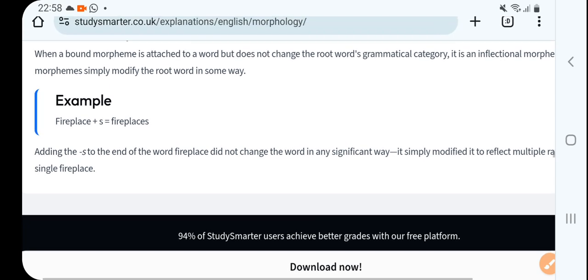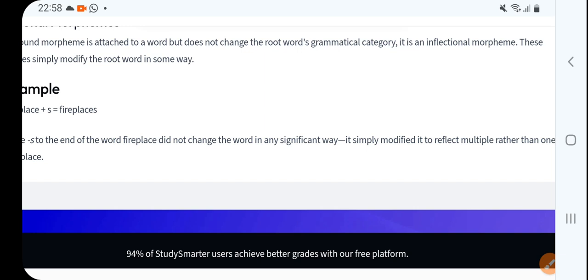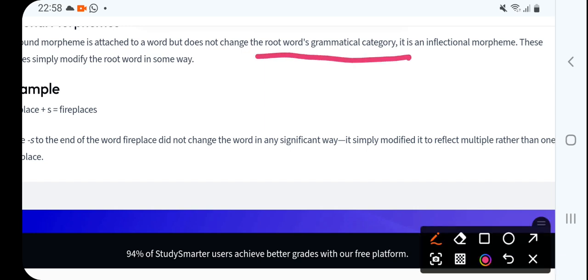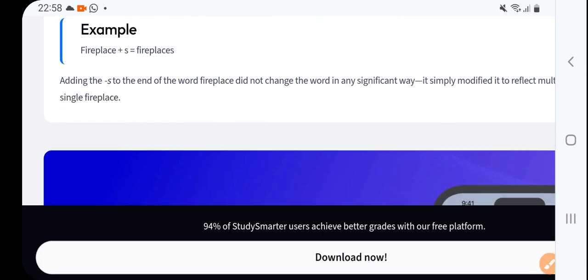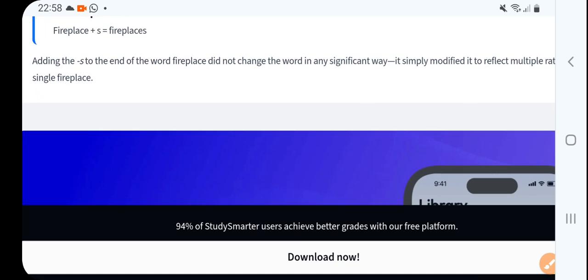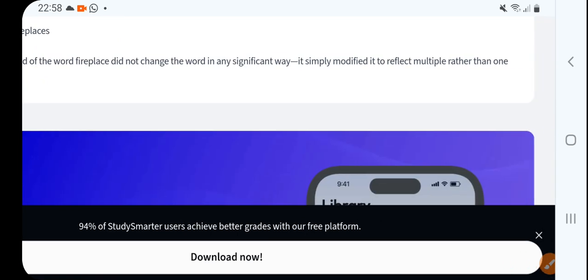For example, fireplace and fireplaces. Adding s to the end of fireplace did not change the word in any significant way.